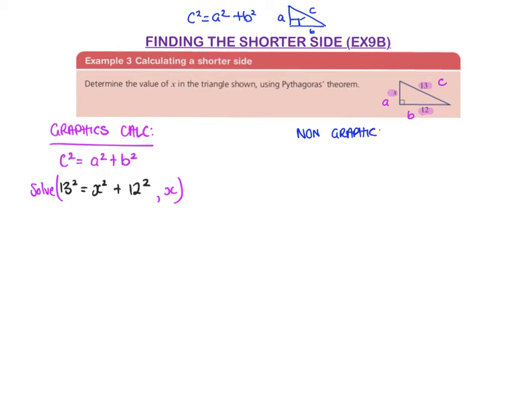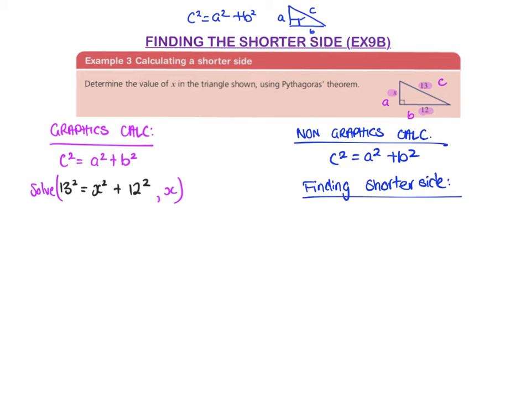You're still going to do the same in terms of writing the rule out. Now, that's the general rule. When you're finding the shorter side, the one that's not the hypotenuse, we can use a rule like this. If we need to know what A is, we can use this rule.